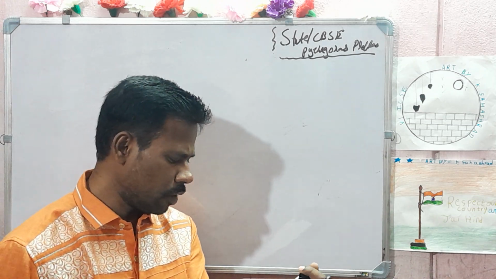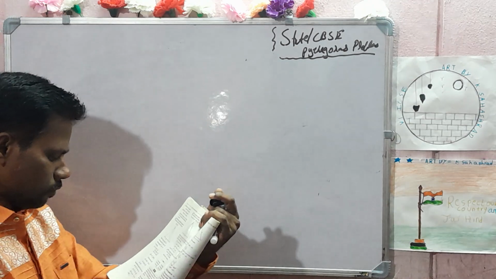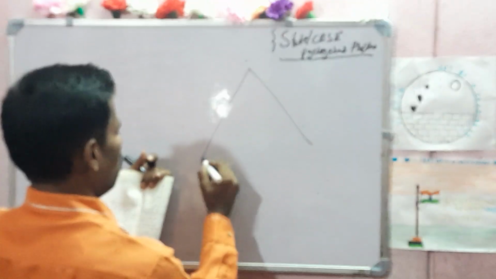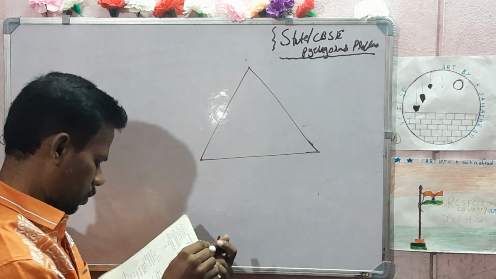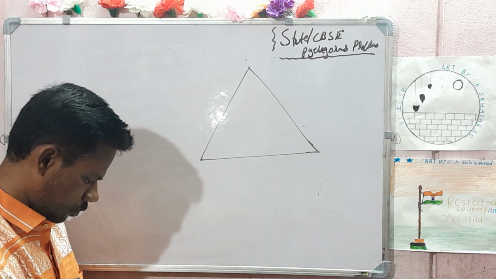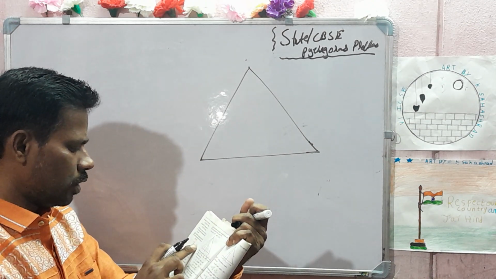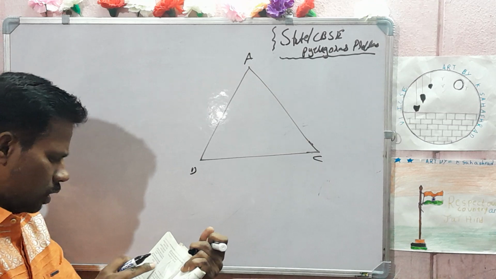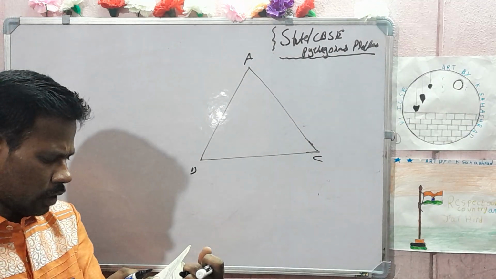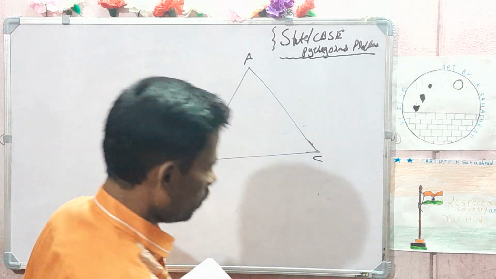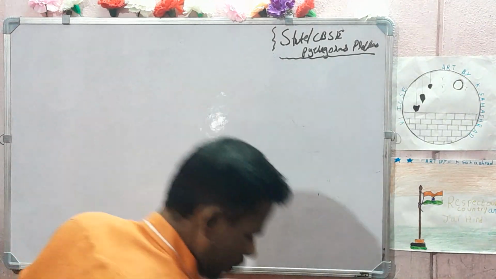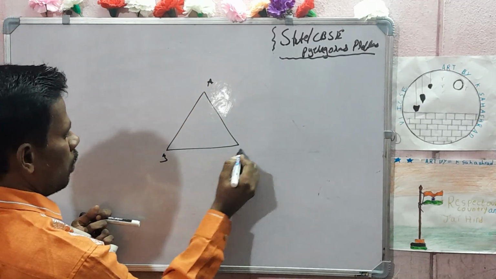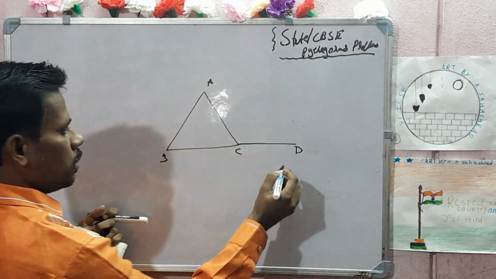The side BC of an equilateral triangle ABC is produced to D such that CD is equal to BC.